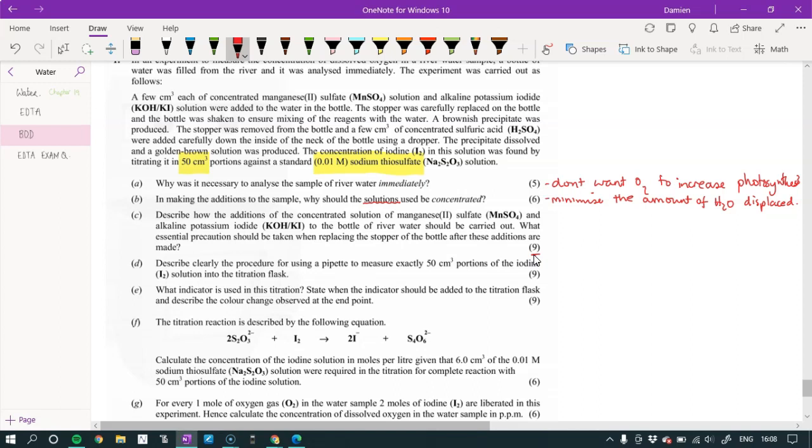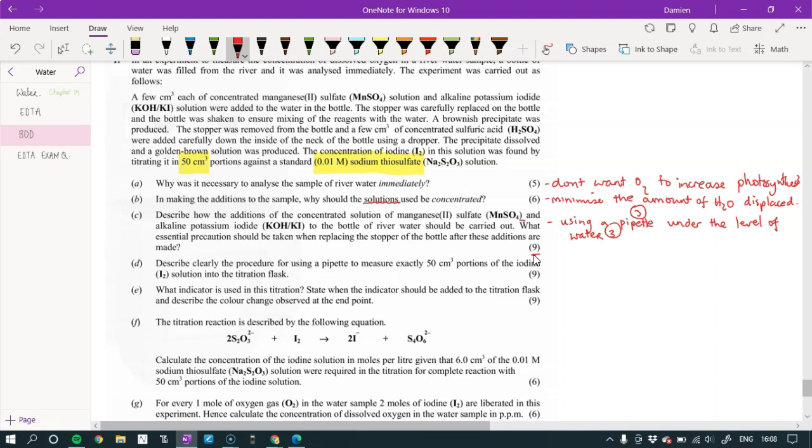For this one, what we would write is using a dropper or a pipette, under the level of the water. And that's enough. Using the pipette will get you 3 marks, and under the level of the water will give you another 3 marks. So that's the first part.